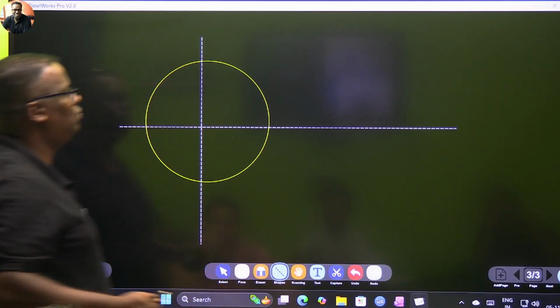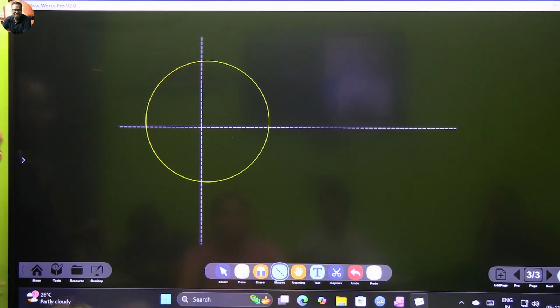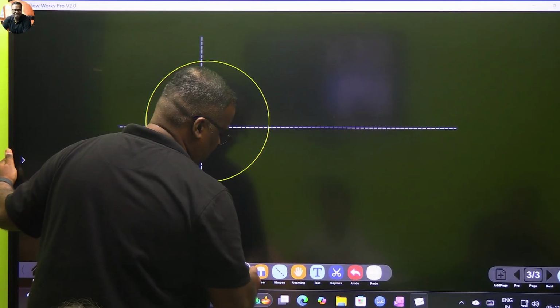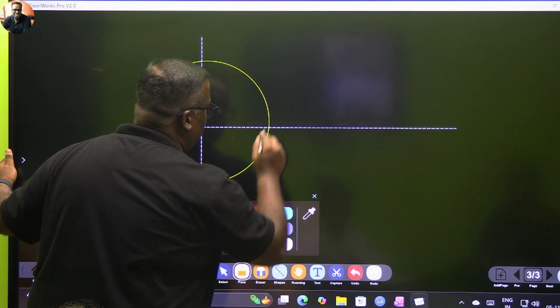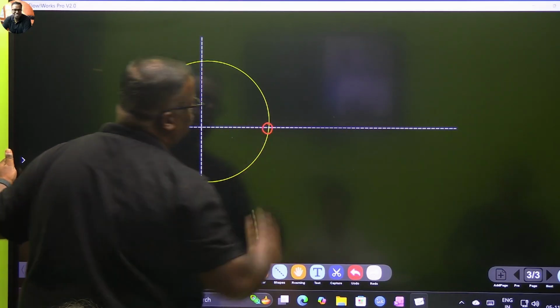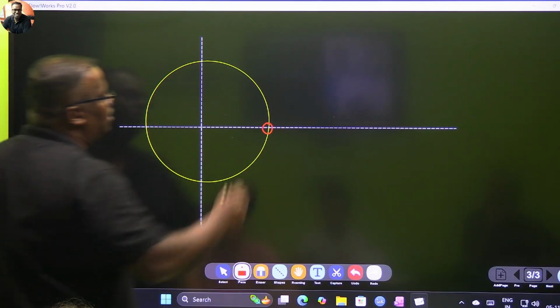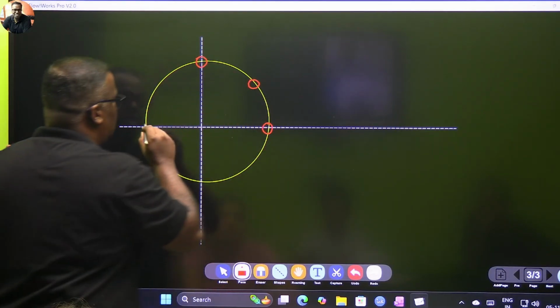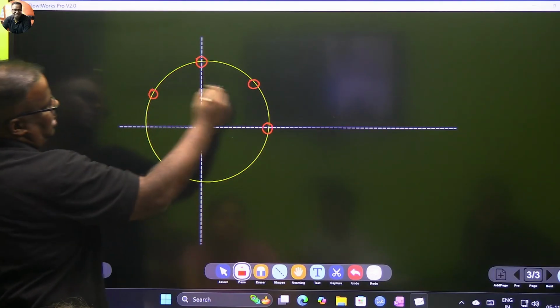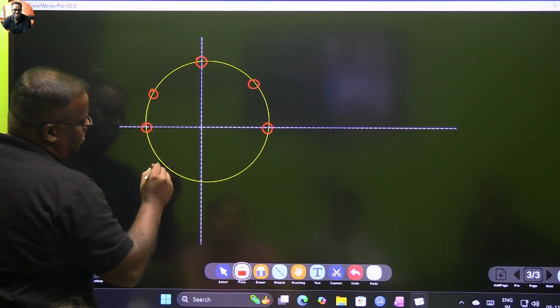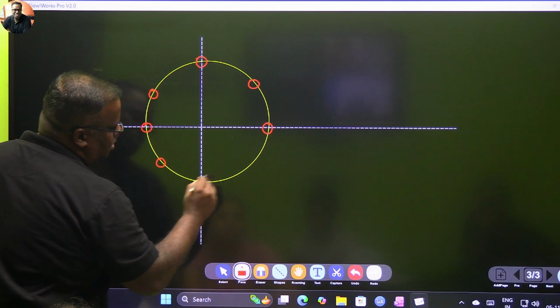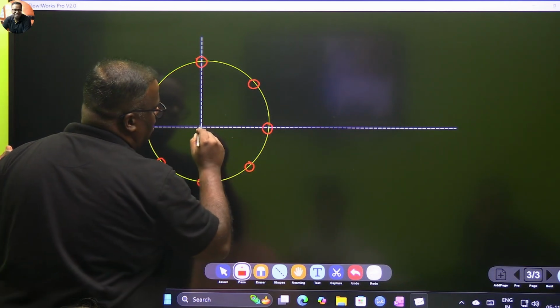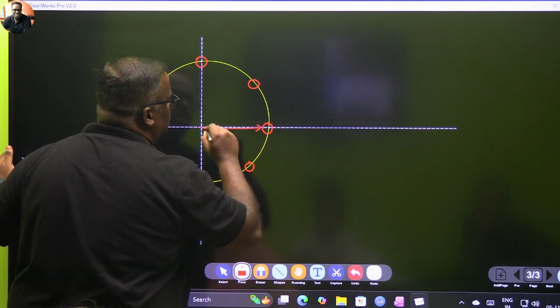I have a body which is rotating in a cycle, like a hammer sort of a thing, which is actually rotating in a cycle. This is one position. There can be one more position here, one more here, one more out here. Exactly the same. And this we call typically a phasor.